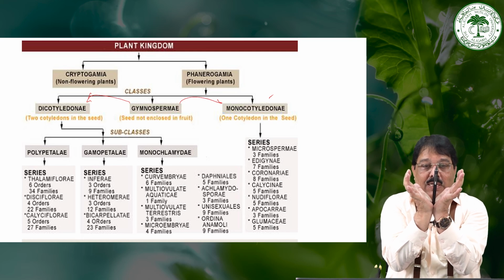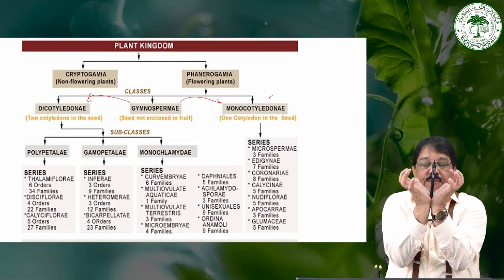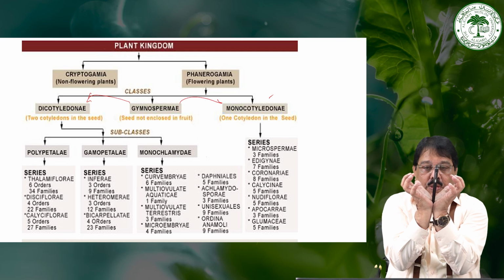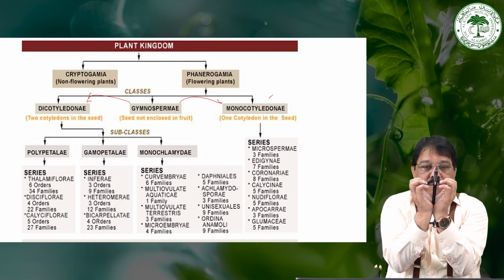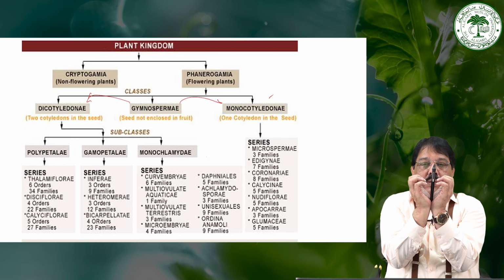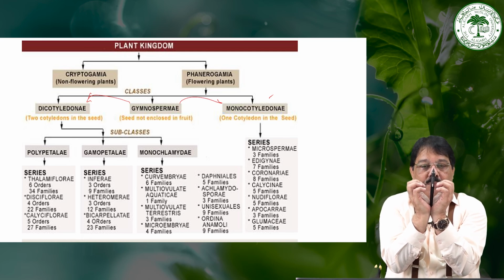The flower is hypogynous. If evolution is going on and it reaches up to the mid of the ovary, then the flower would be perigynous.